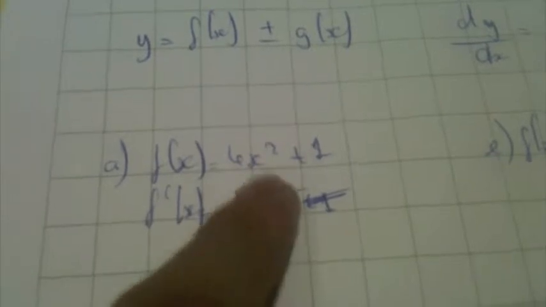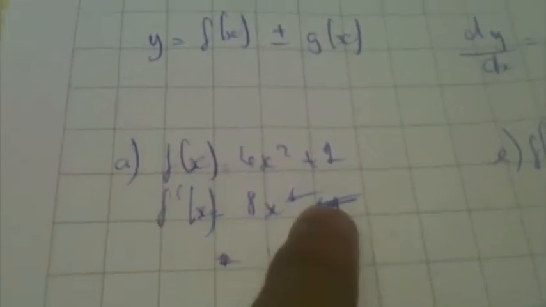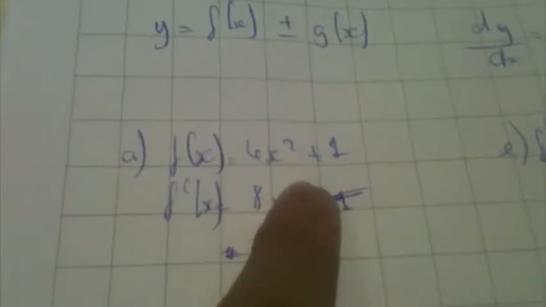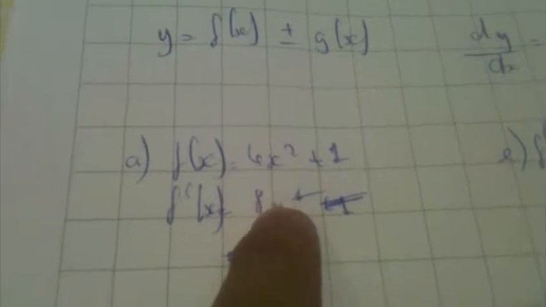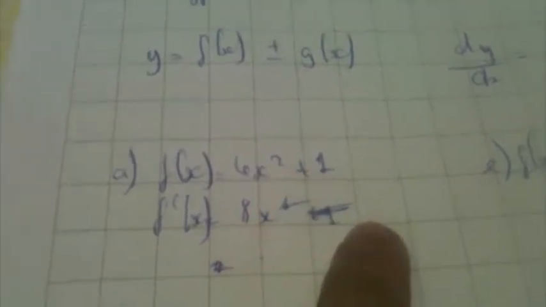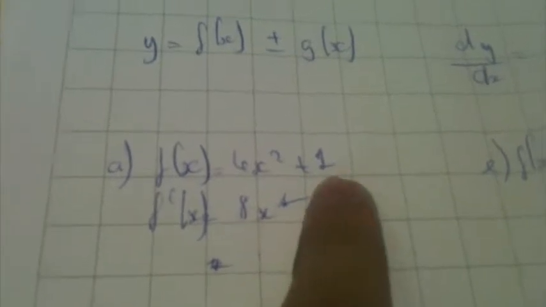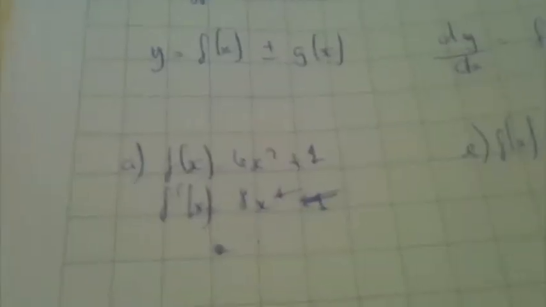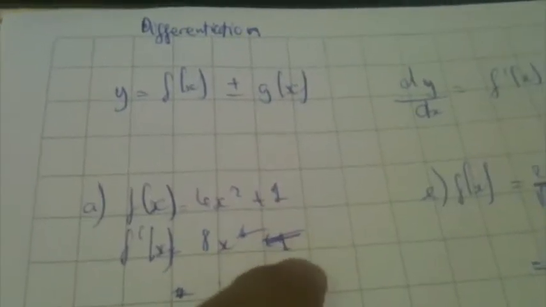We can just simply use the a x^n rule. So that comes there as a, and the power goes down 1, so that becomes 8x. But as for 1, as it gets derived, it's taken away.